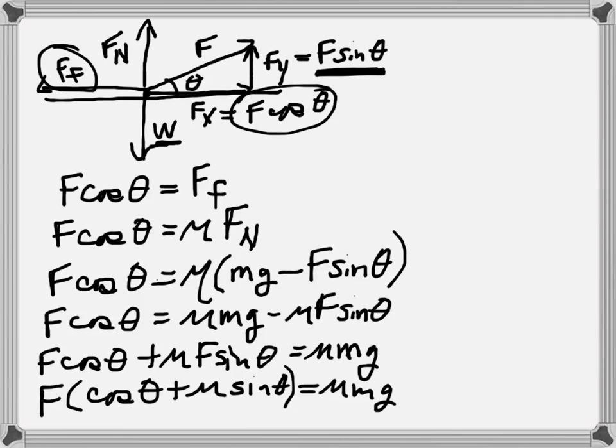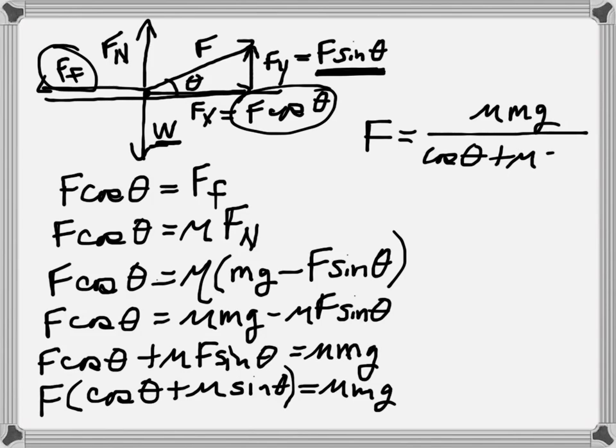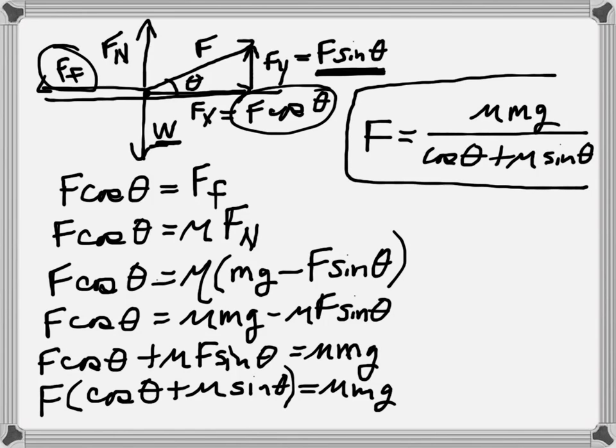And so I could come up with a derivation here to figure out the pull force right here on the rope, and it would equal mu mg over cosine theta plus mu sine of theta. That's not an equation you have to remember, but like all these problems, what's really good, I think, is to not use numbers.